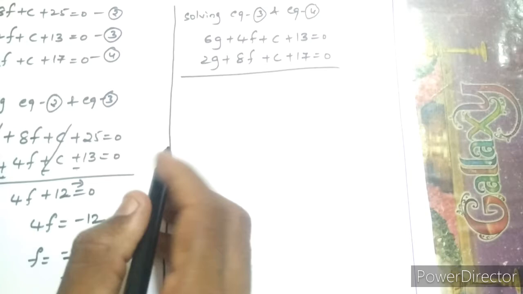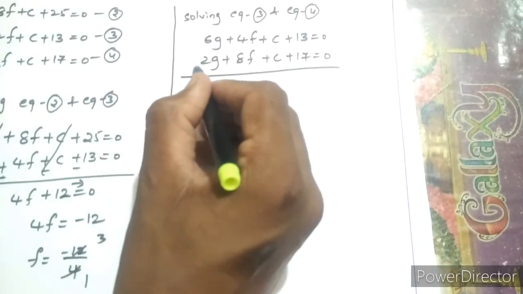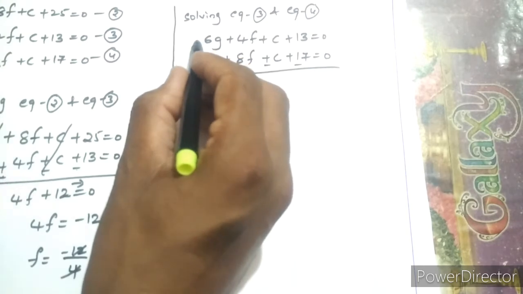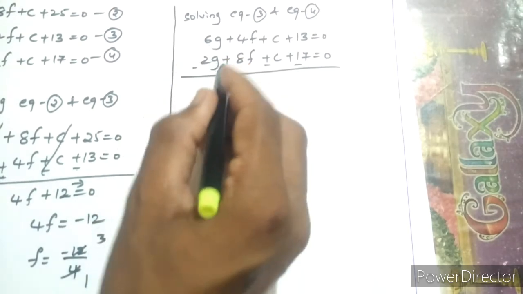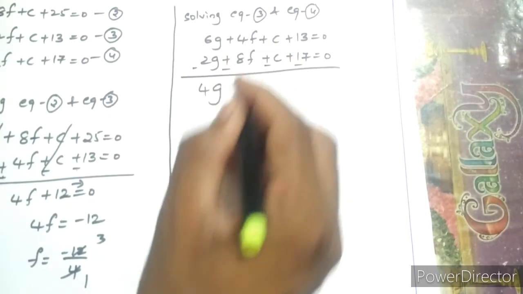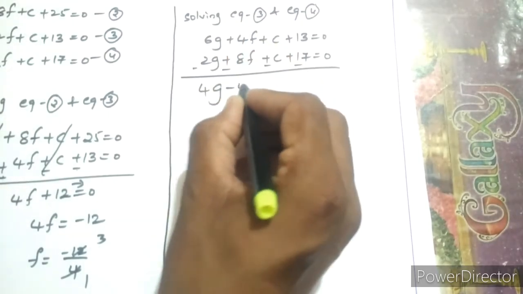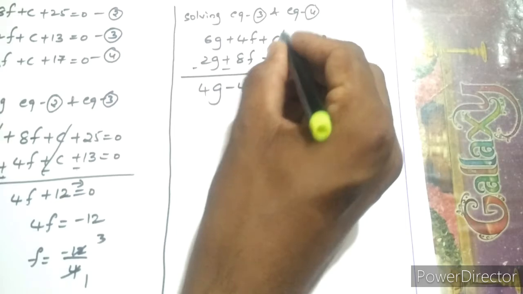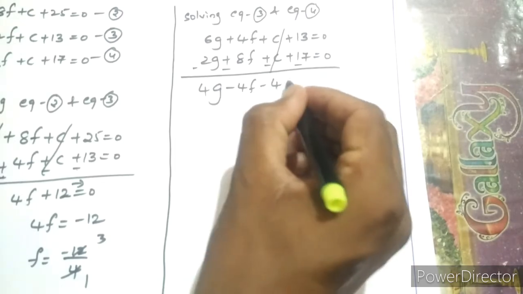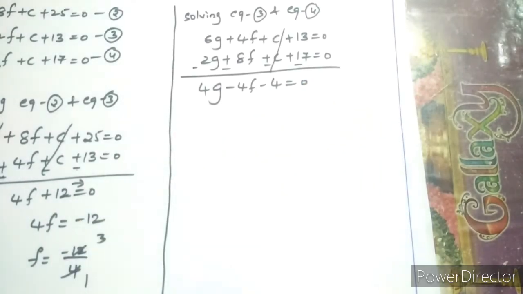Now solving these two equations, changing the symbols, this becomes minus, minus, minus, minus. So plus 6g minus 2g will become 4g, minus 8f plus 4f will become minus 4f, and plus c and minus c will get cancelled. Minus 17 plus 13 will become minus 4 is equal to 0.